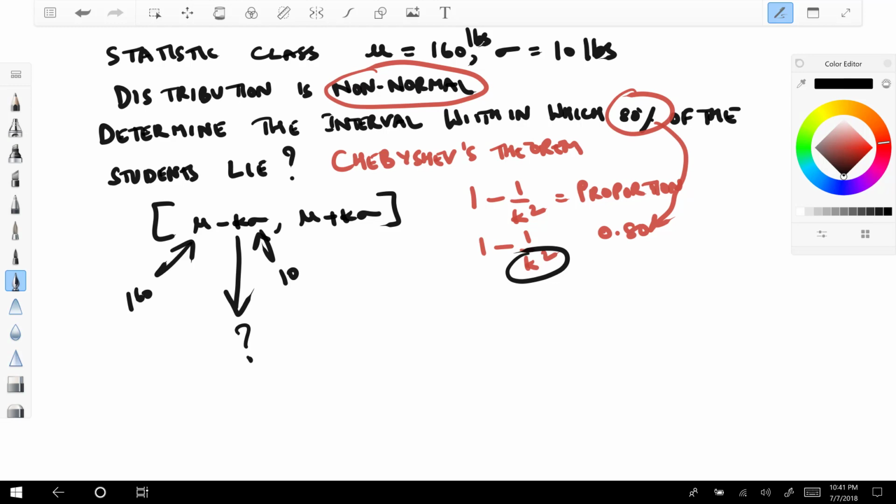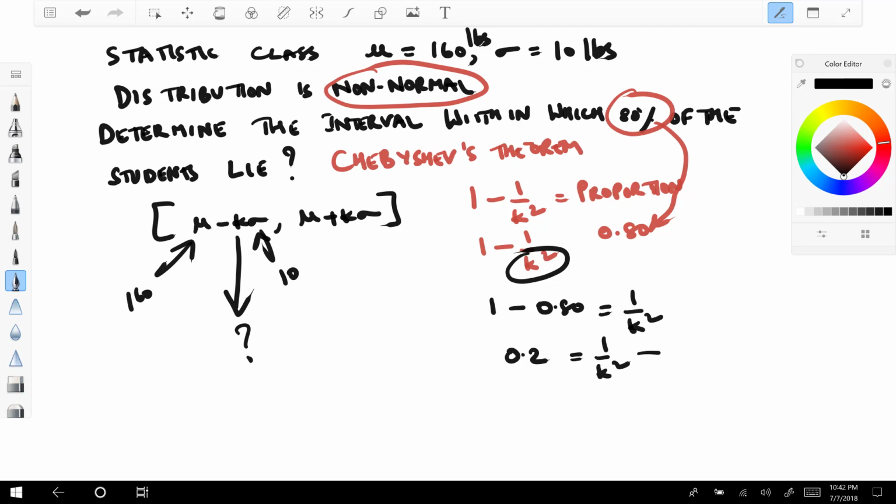So 1 minus 0.8 is equal to 1 by k square, and then 0.2 is equal to 1 by k square.